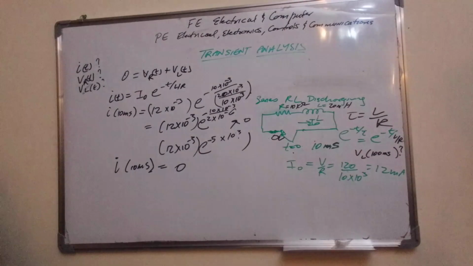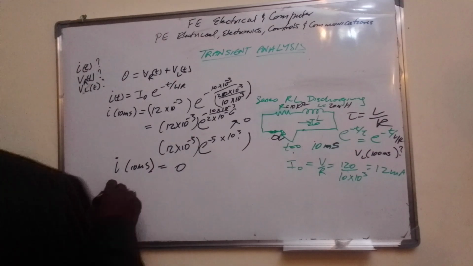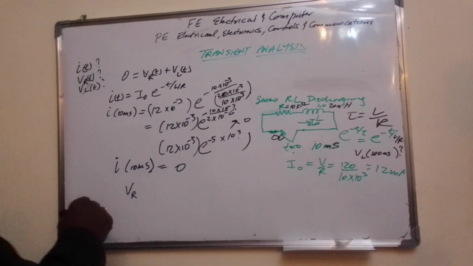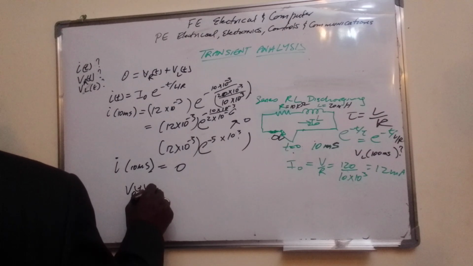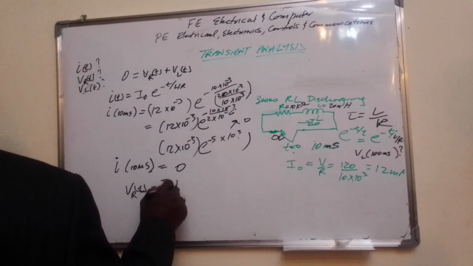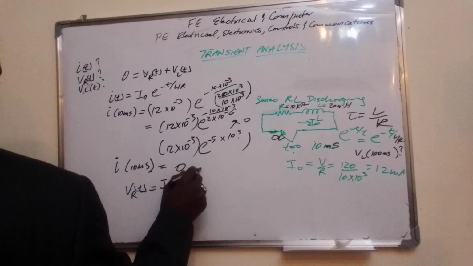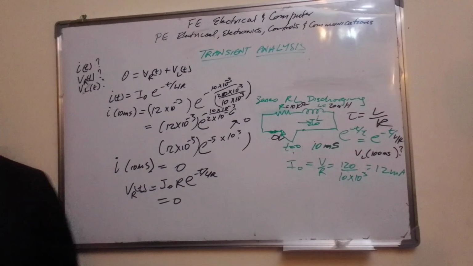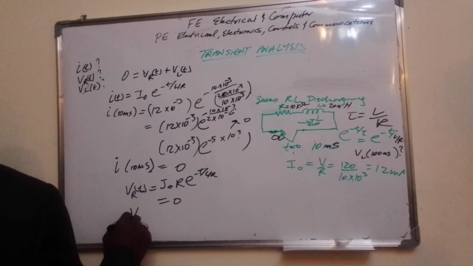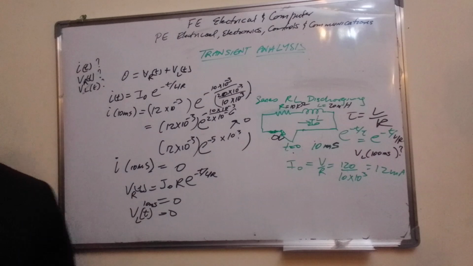The current flow is tending to 0. Are you going to say that the current flow is tending towards 0 during this discharge situation? That means the voltage, which is V sub R of t, will also be equal to 0, since V sub R of t equals I naught R e to the minus t over tau, L over R. It's going to be 0, so V sub R is 0, and V sub L after 10 milliseconds is also going to be equal to 0.